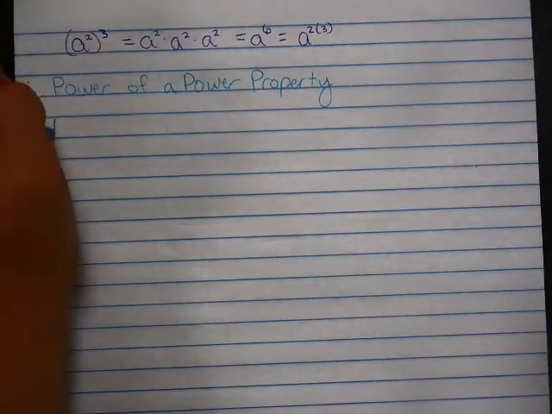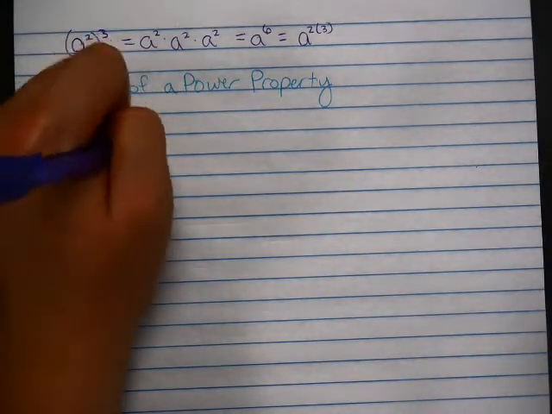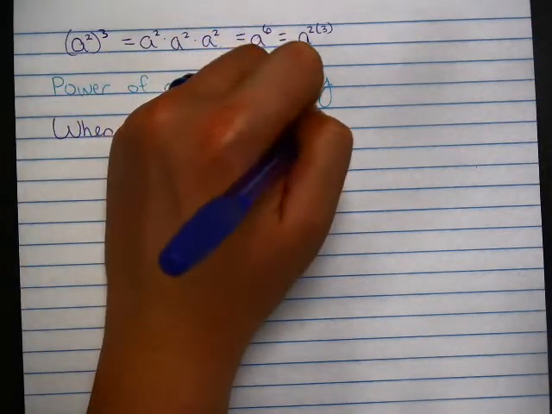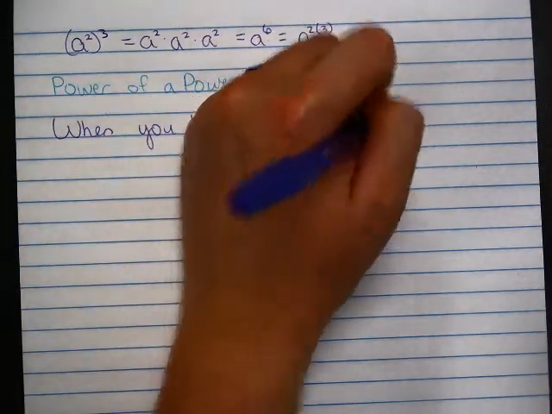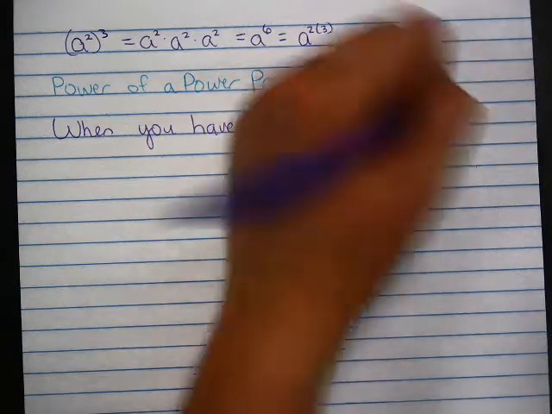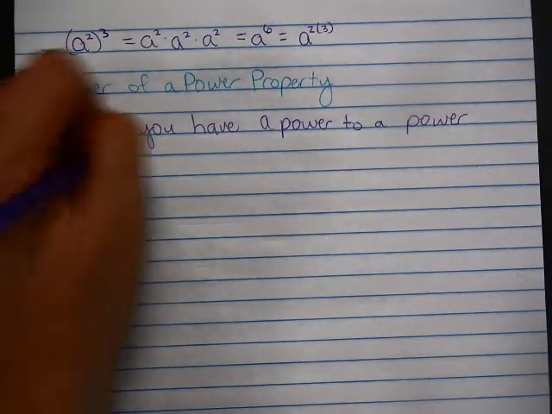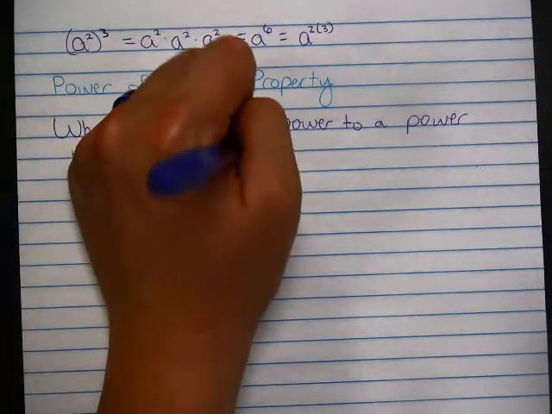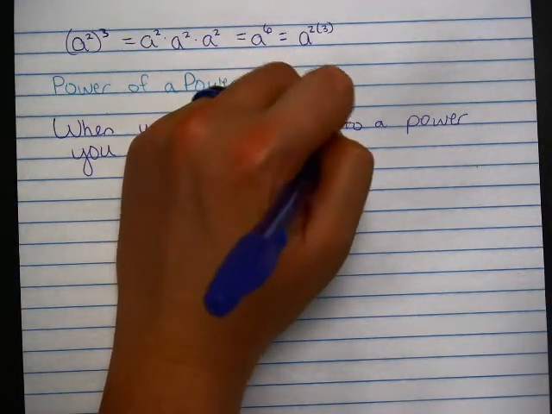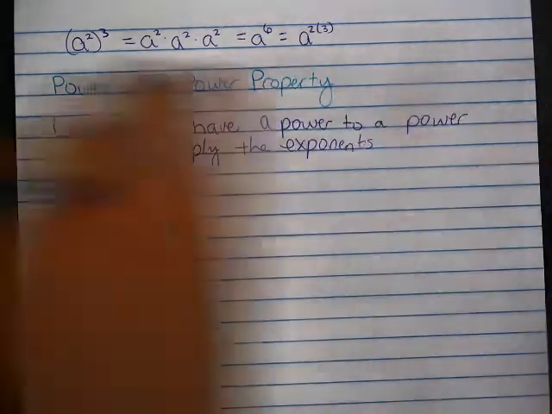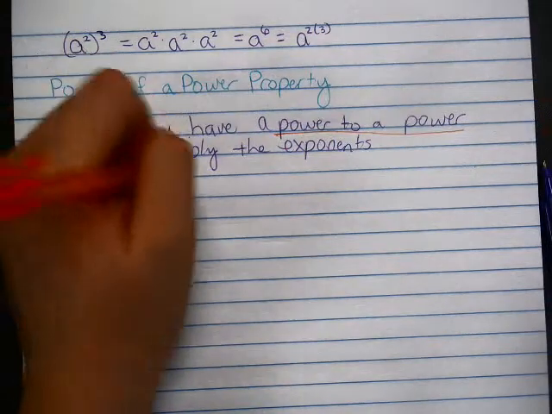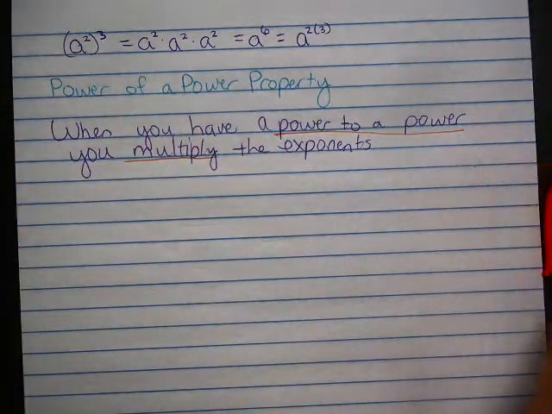And what this is, when you have a power to a power, you multiply the exponents. So I have a power to a power, and then you multiply. And that's what's important here.